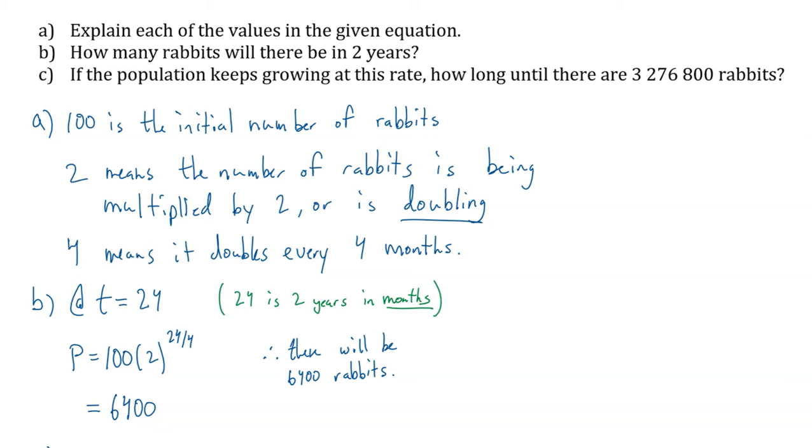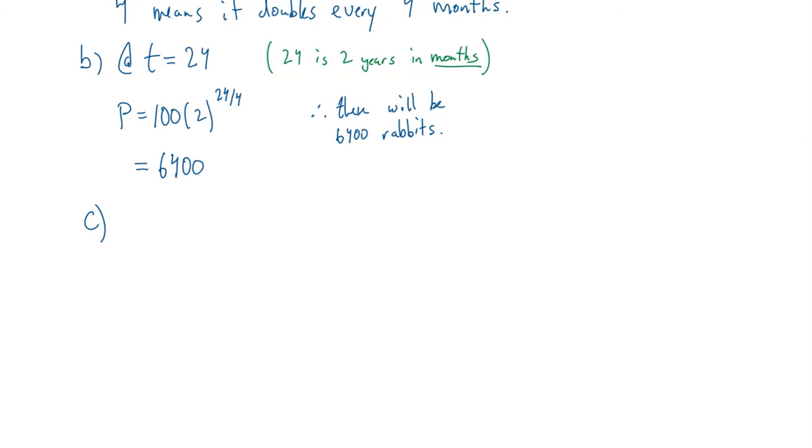Assuming that the food source can sustain this many rabbits, assuming that predators don't move in, assuming all of these things, if the population keeps growing at this rate for a long time, how long would it take until there's over 3 million rabbits? It's a lot of rabbits, right? So let's see how long it will take.